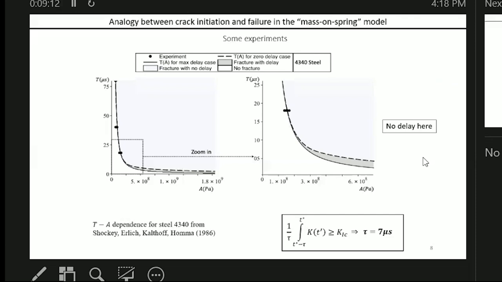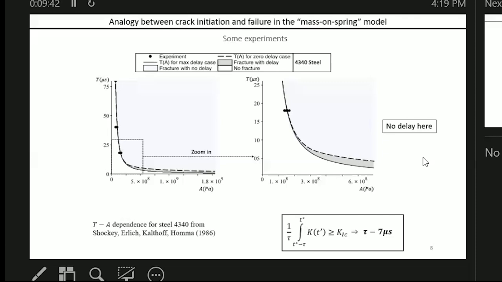Of course, for this situation, the lower curve shows us the maximum delay situation. And this upper curve shows us the situation where there is no delay. If we look at the experimental points, they are grouped in this region, meaning that there is no delay. That means that the duration of the pulses which were used in these particular experiments were too low.